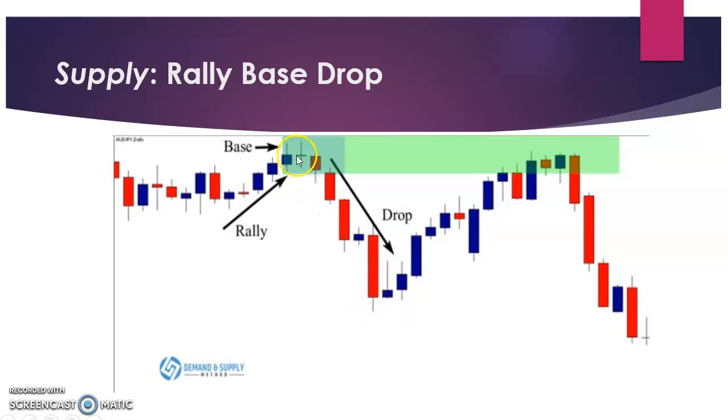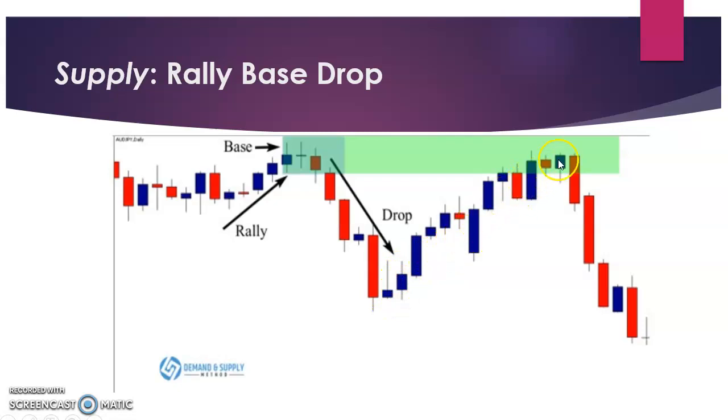So this doji is going to be our point of interest, our order block, or our basing candle, depending on exactly what you want to call it. You're still saying the same thing. All right, so look at this now.